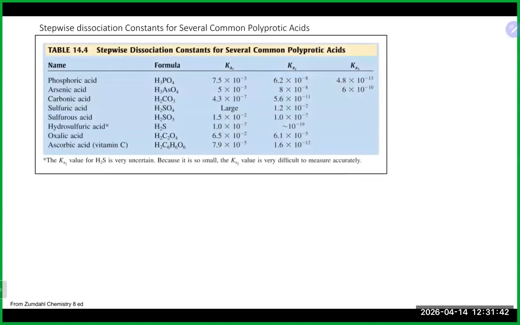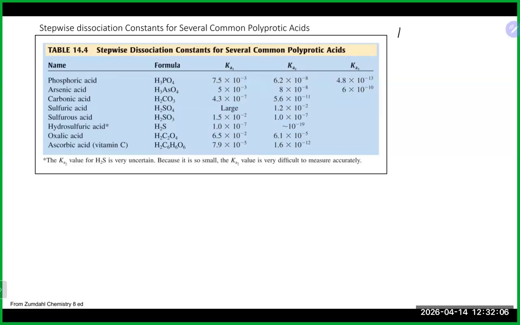All right, so the next thing we're going to talk about to finish up part 1 of chapter 14 is diprotic acids or polyprotic acids and what we do with these in terms of calculations. Polyprotic acids are acids that have more than one hydrogen that can come off.